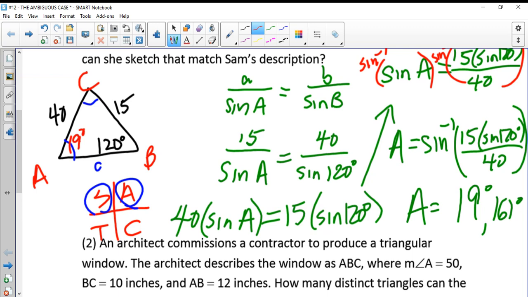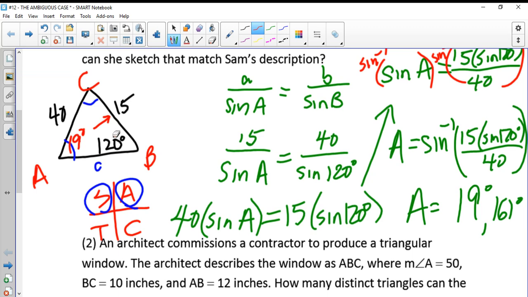And going back to geometry, what you need to make sure of is that the smallest angle is opposite the smaller side. As of right now, we don't know what the measure of C is. But based on what we do know, 19 degrees is smaller than 120, so it must be opposite the smaller side of what we know, which in this case is true. 15 is smaller than 40, so the smallest angle is opposite the smallest side.